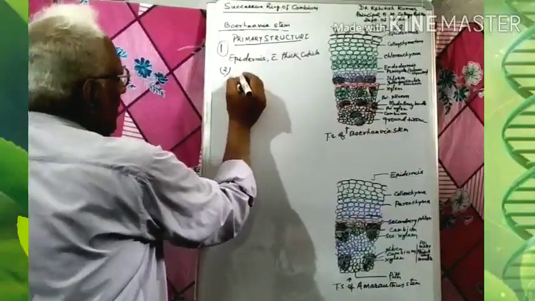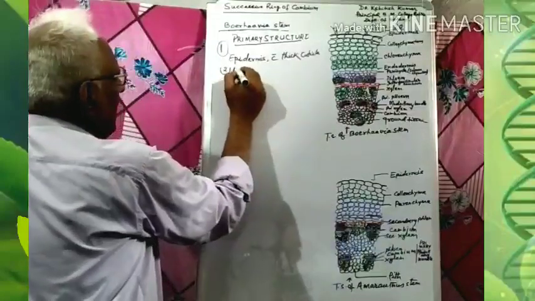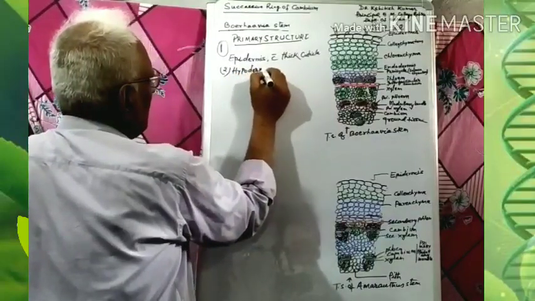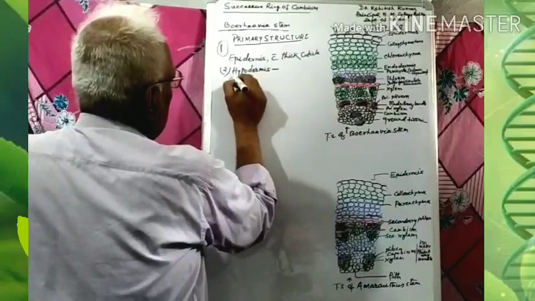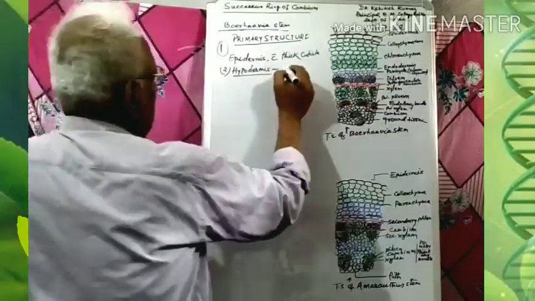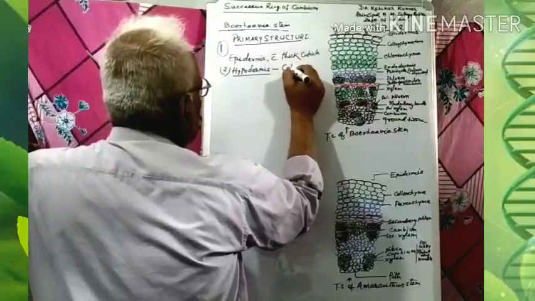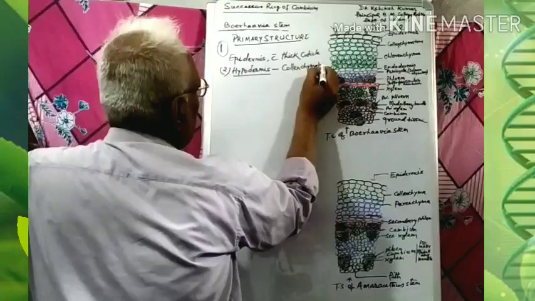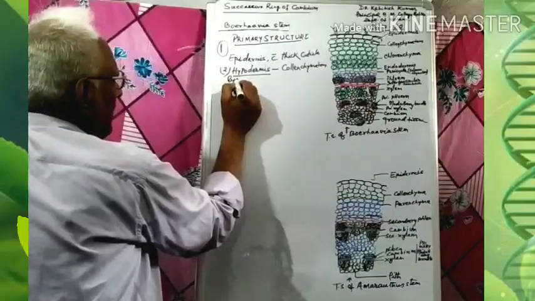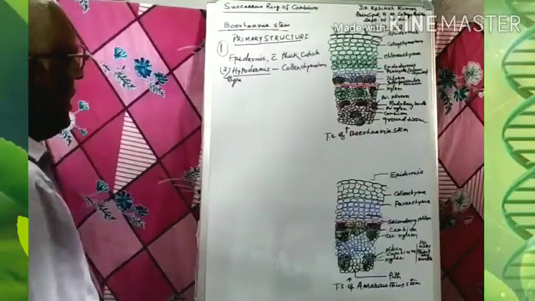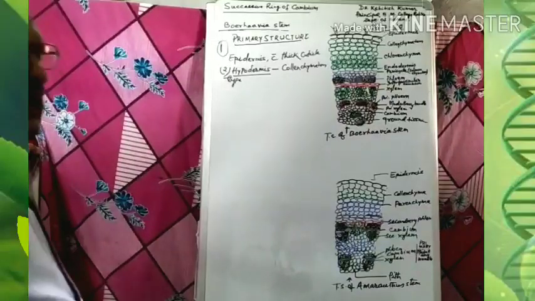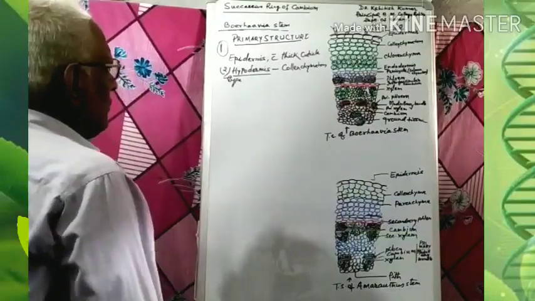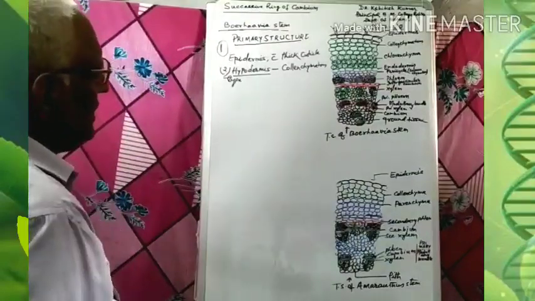Then there is the hypodermal zone just below the epidermis. The hypodermis is of collenchymatous type. As you know, in collenchyma there is thickening of cellulose at the corners.